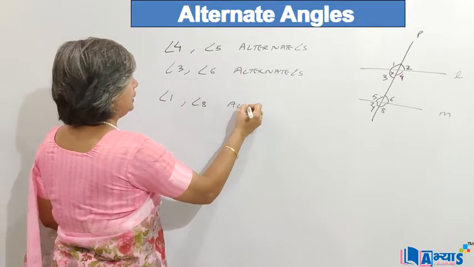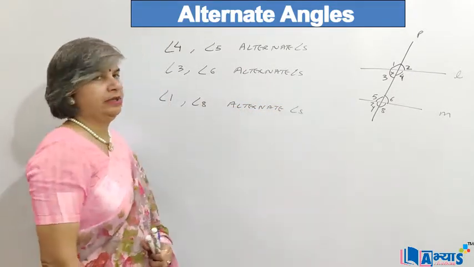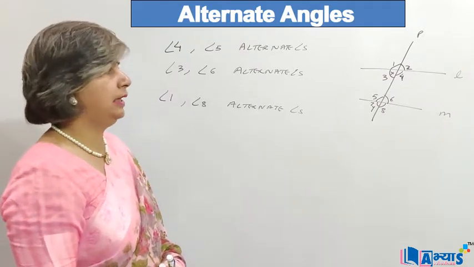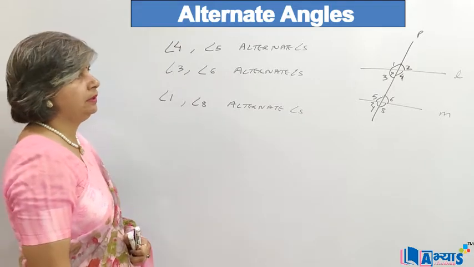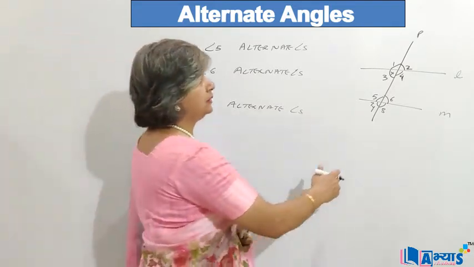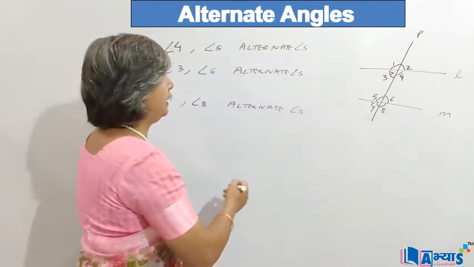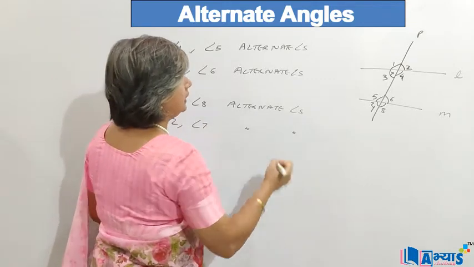The same concept applies because 1 is formed at line L and 8 is formed at line M when the transversal P is cutting them, and 1 is on one side, so 8 is on the other side of P. Again we have angle 2 and angle 7, they are again alternate angles.